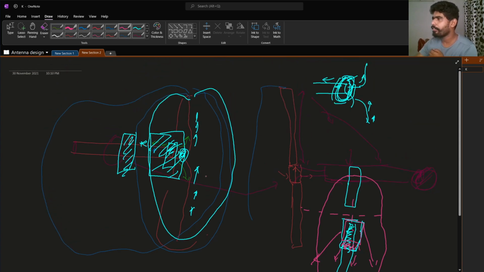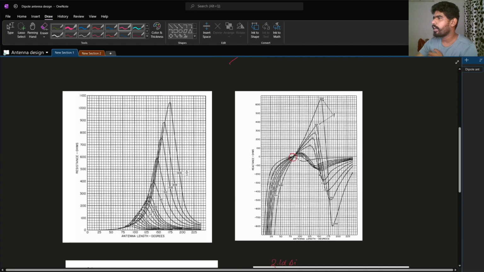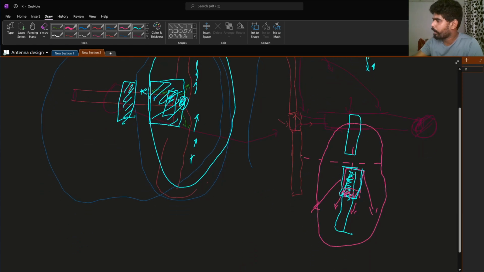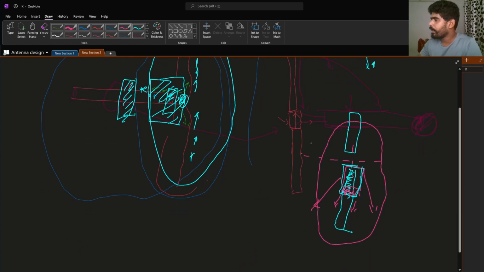So we are deviating from the initial design. As per this theory, both are the same, but I saw in some antennas people are doing this, cutting this. What happens is that the efficiency of this current is reduced, so the pattern will become symmetrical again.